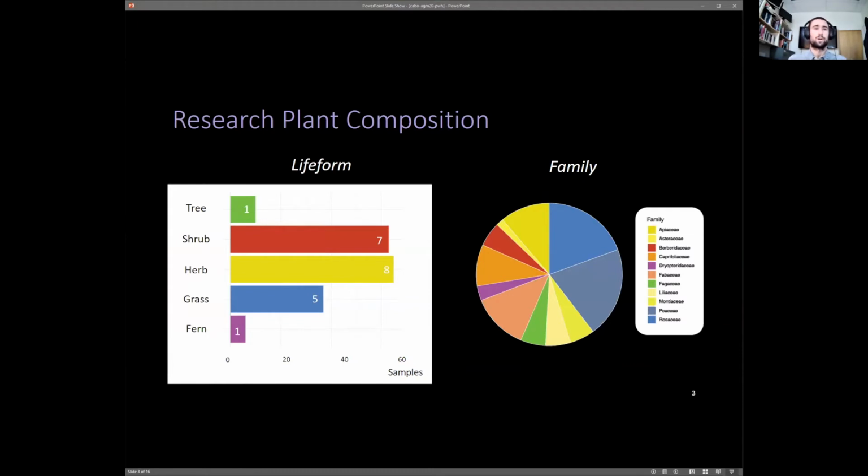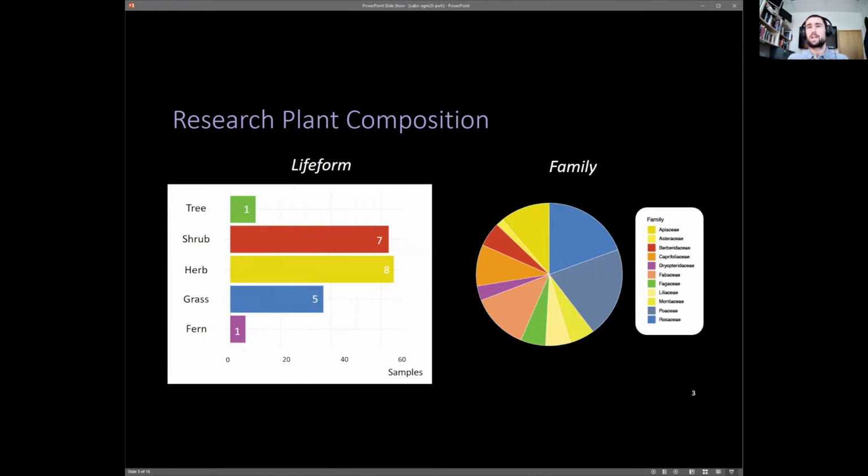On the left, you can see a bar graph that demonstrates the life form on the y-axis and the number of samples for each life form on the x-axis. The white numbers within the bars represent the number of species that we have for each life form.